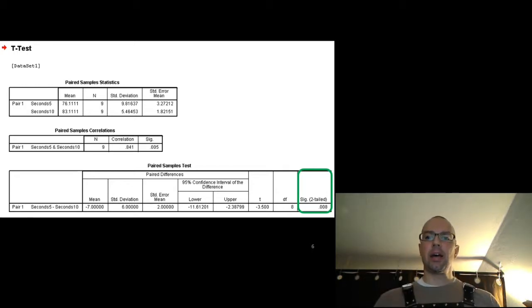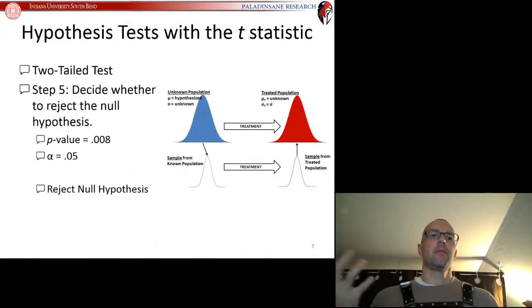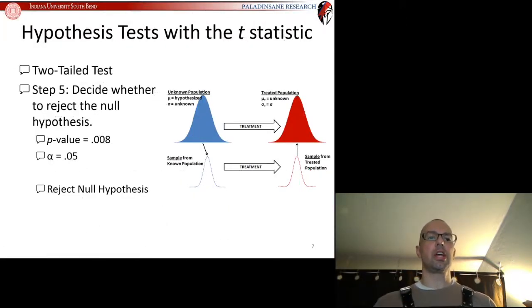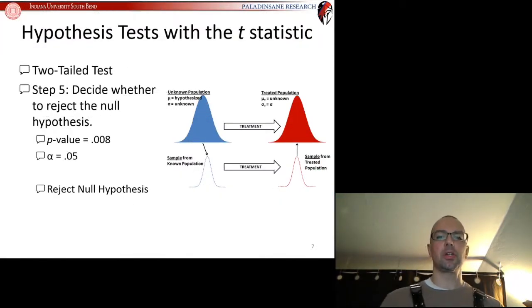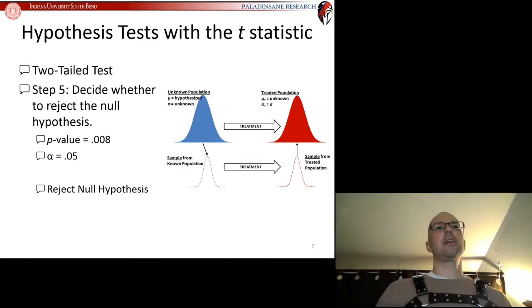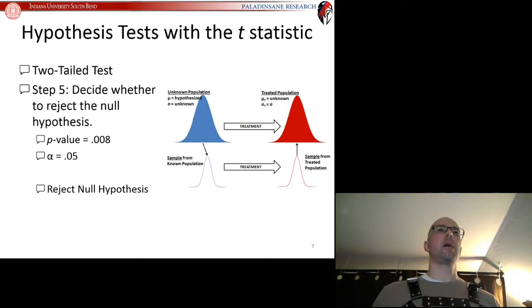So for a two-tailed test, we can read that number directly off of SPSS. When we make the final decision, we take the p-value directly from SPSS, so p-value equals 0.008. Our alpha level we get from our question, alpha level equals 0.05. Our p-value is less than our alpha level, so we reject the null hypothesis, and that's what we did last time when we were doing a two-tailed test.